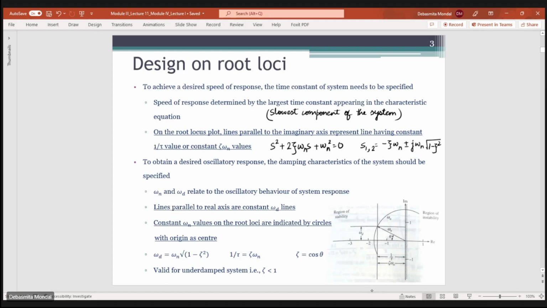All these values, zeta, omega n, omega d, can be found out from the intersection point of the root locus with this constant 1 by tau line.